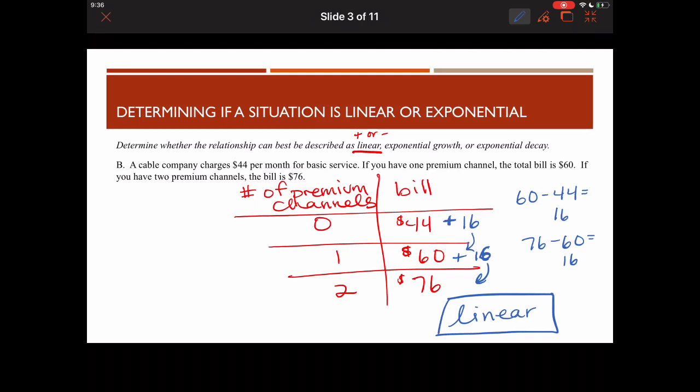And so when you answer a question like this, your answer is either going to be the word linear, the word exponential growth, or exponential decay. And this table that I made and this kind of work that I have here in the blue, that's my work. All right? Let's try another one.